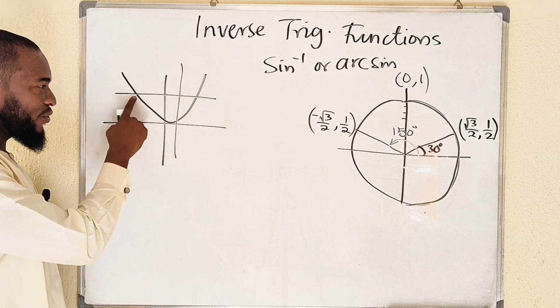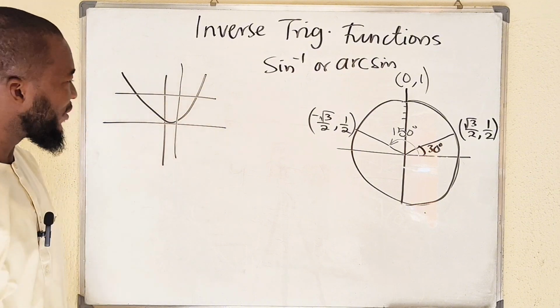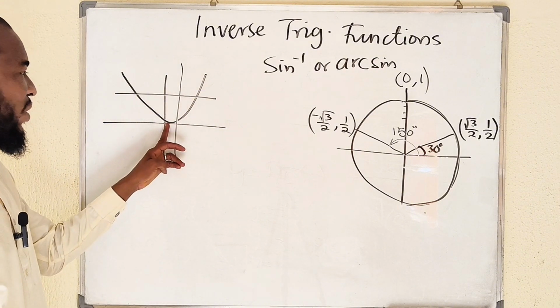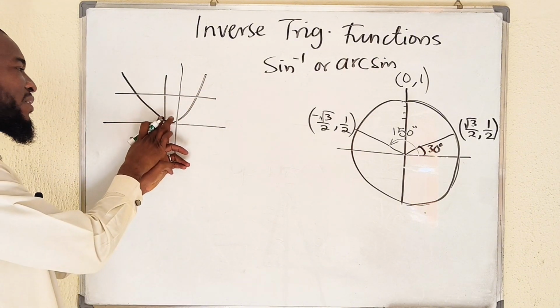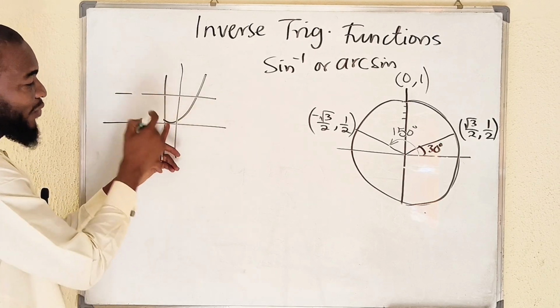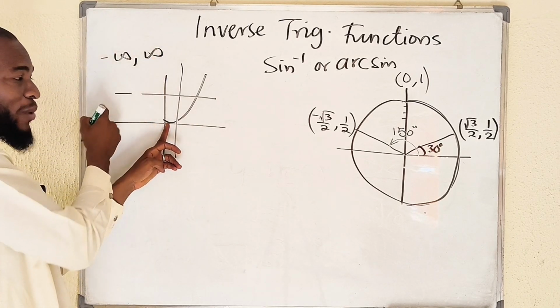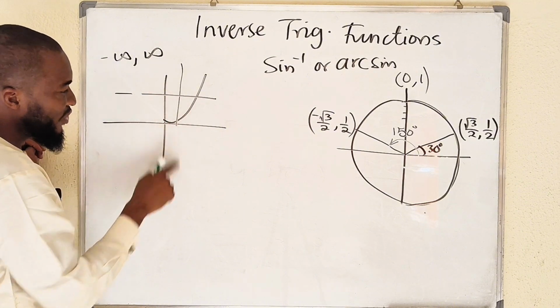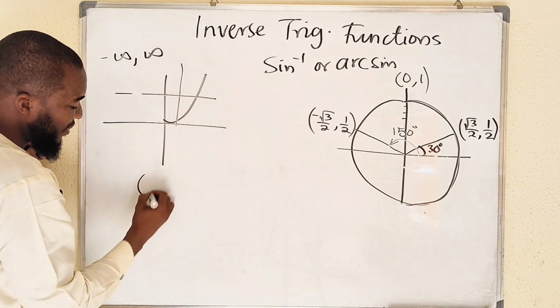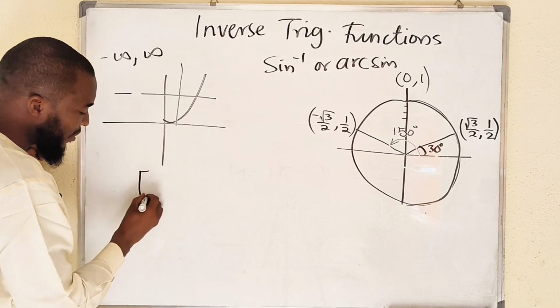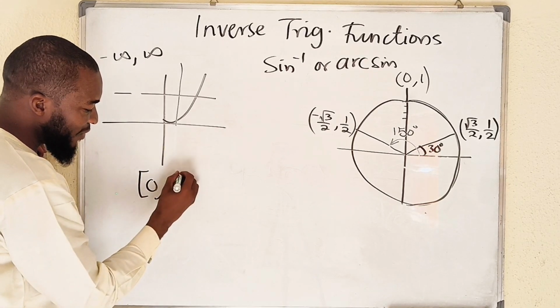Horizontal line test, it touches the graph at exactly 2 points. So how do we do that? From the origin, because initially the domain was from negative infinity to positive infinity, now we would like to restrict it to 0 to positive infinity, something like this.